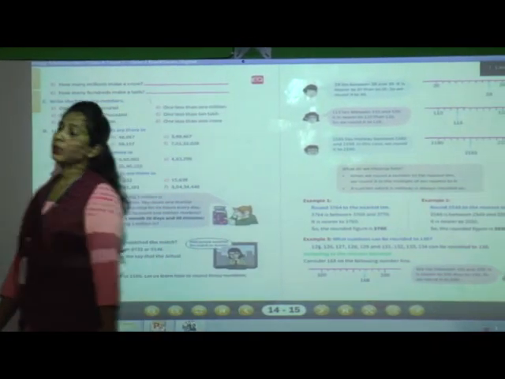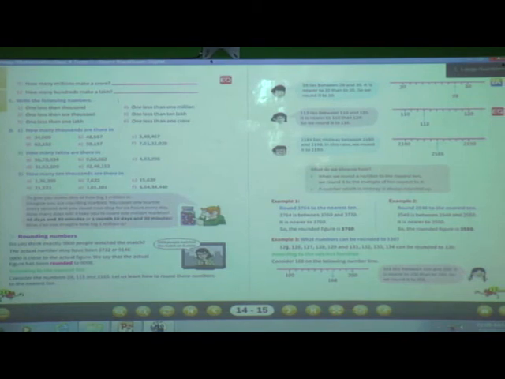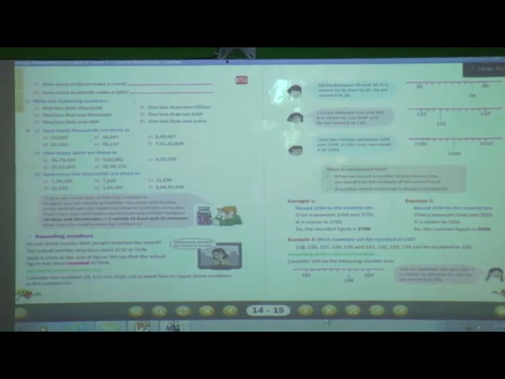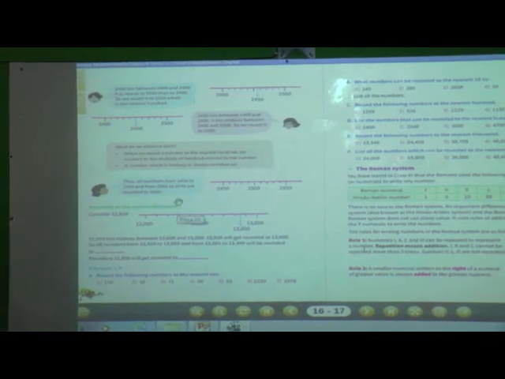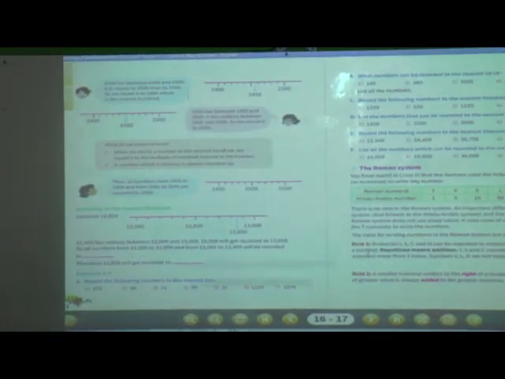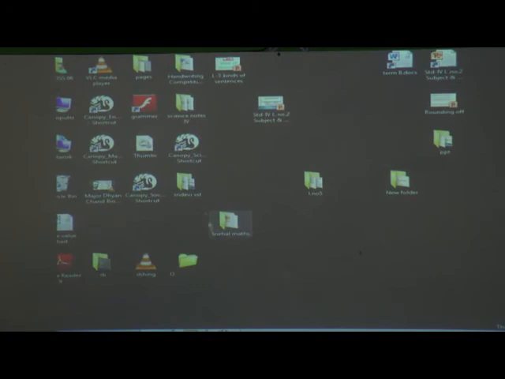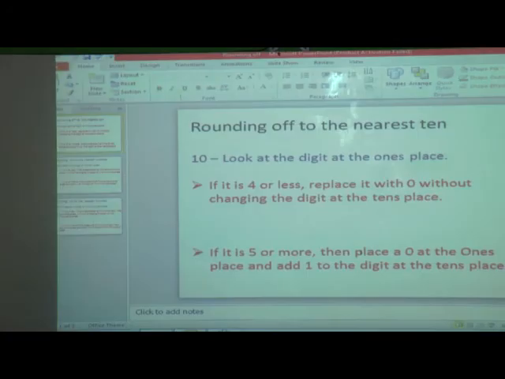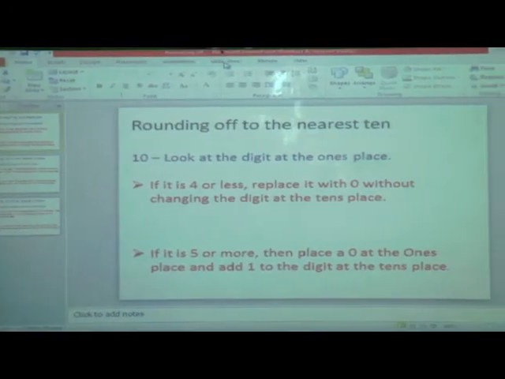We have completed that. Today we have to start rounding to the nearest 1000. Before that, let us revise rounding of numbers once again. Okay?